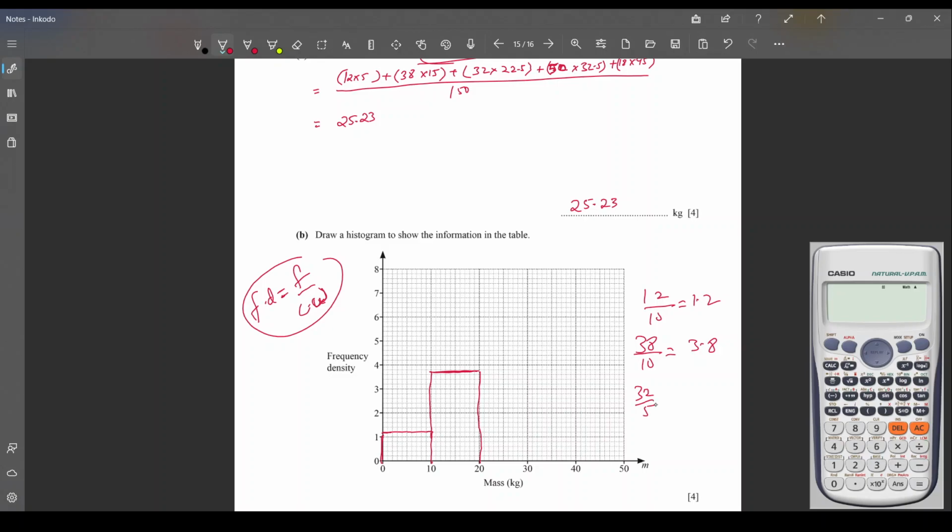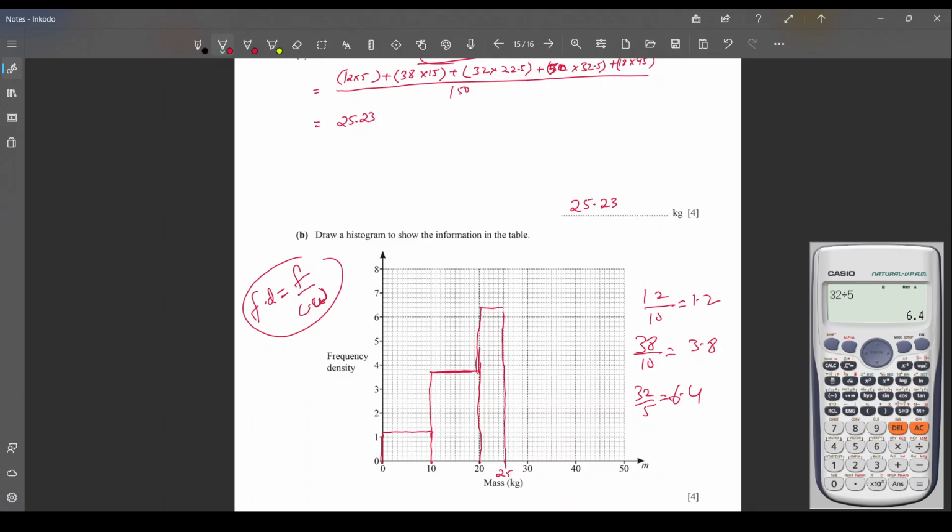So 32 divided by 5 will be equal to 6.4. So 6.4, 20 to 25, so 25 will be here. 6.4 is here. So you can use your scale and draw neatly. So this will be your diagram.